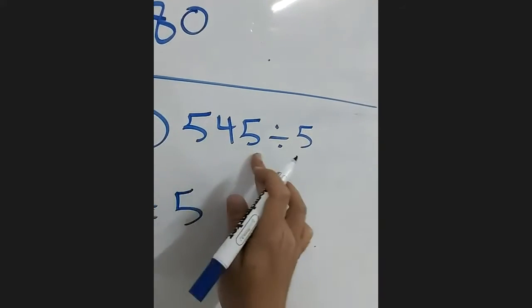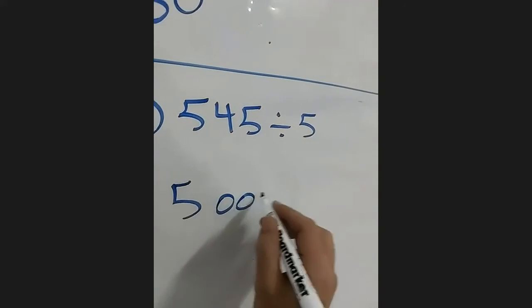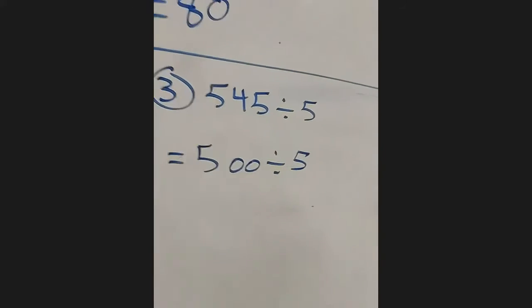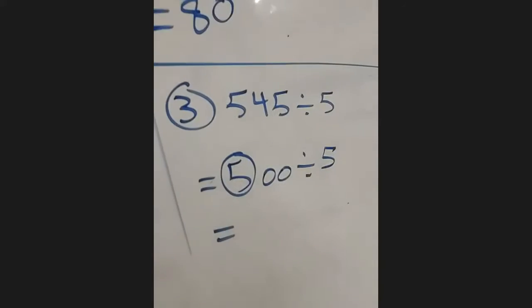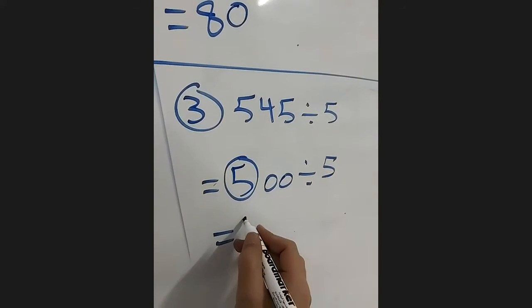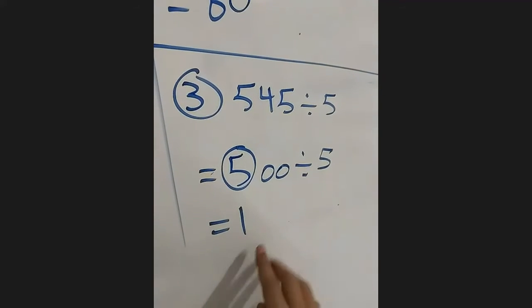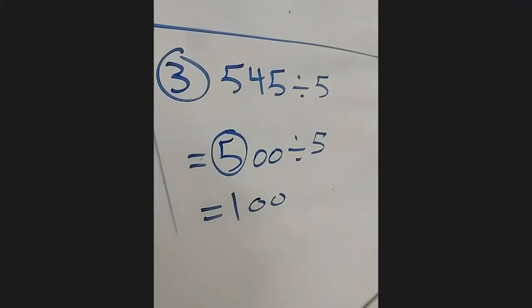And the next 2 digits here will be zeros. And this 5 is still 5, right? But can the 5 divide on 5? Yes. 5 divided by 5 is 1. And we have 2 zeros, we can put them down, right? So what's the answer? 100.